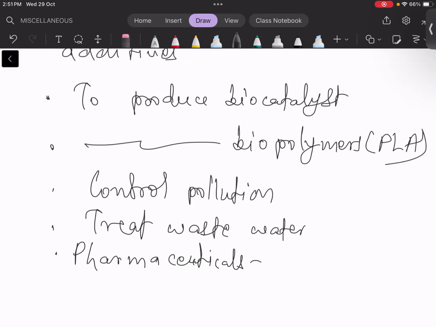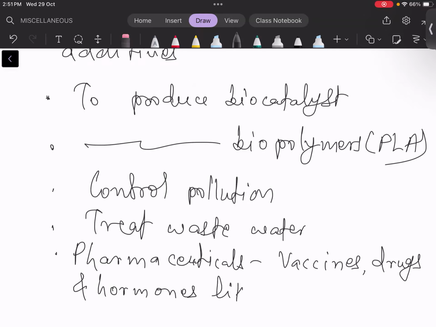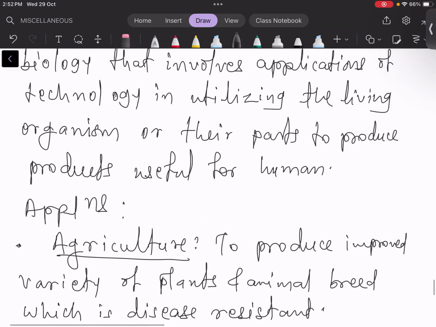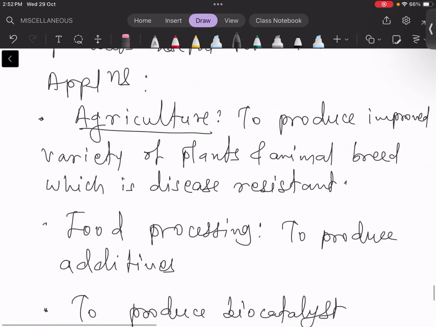It is used to produce vaccines, drugs, and hormones like insulin, etc. So, what are the applications of biotechnology?